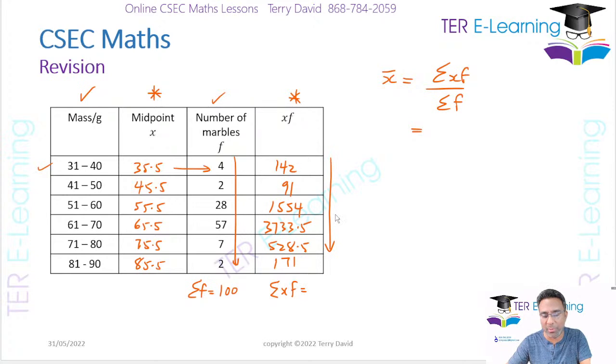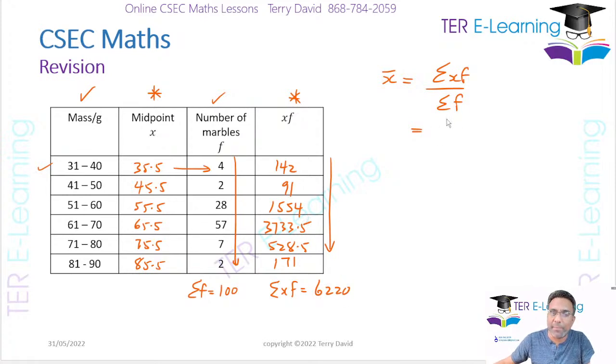So you're going to say 142 plus 91 plus 1554 plus 3733.5 plus 528.5 plus 171, and I'm going to get 6220, right?